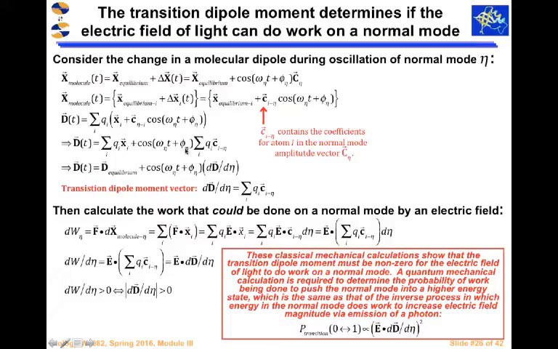And so what we will then see is that the dipole at a given time can be described as the equilibrium dipole, the dipole with the equilibrium position of all the atoms, and then a sinusoidally varying term that will scale according to what we call the transition dipole moment. The transition dipole moment is effectively the derivative of the dipole moment with respect to the normal mode coordinate. The normal mode coordinate is effectively this cosine term. So what does the math tell you that this is?